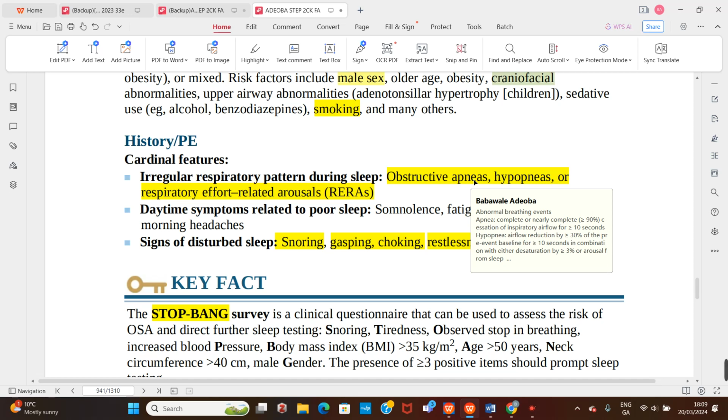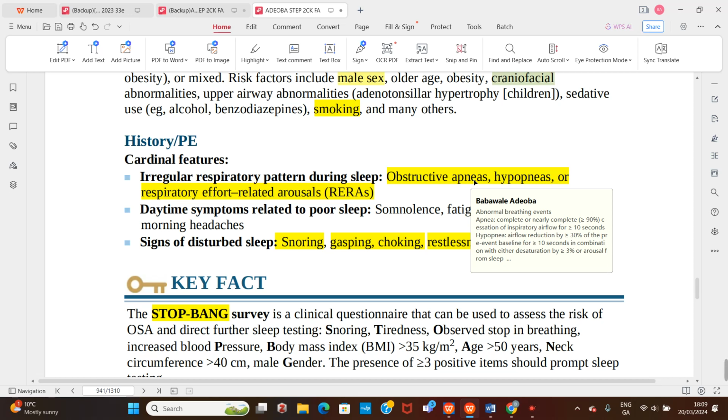Hypopnea is when you have airflow reduction by 30% for more than 10 seconds, not 90, 30, for more than 10 seconds in combination with desaturation by more than 3% from baseline or sudden arousal. So there's a 30% decrease in the airflow entering the person's airway for 10 seconds, and in addition to that, there's 3% desaturation or sudden awakening or arousal of that person.